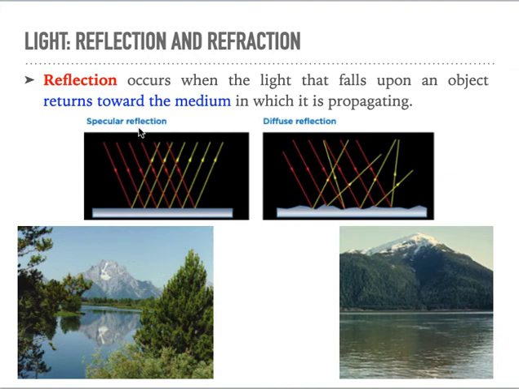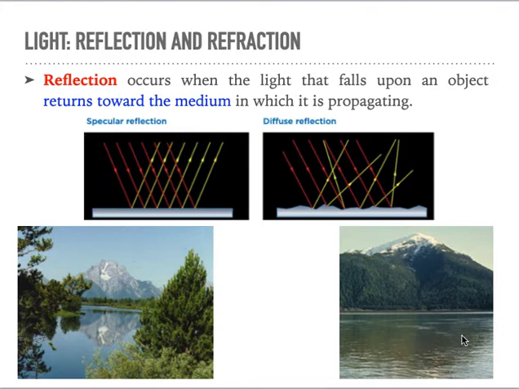The specular reflection means like mirror reflection. If you have the surface perfectly flat, then everything is going to reflect perfectly, and you're going to have an image on something that is not a mirror, like the lake, but it looks as if it was a mirror. That's why we call it specular reflection.